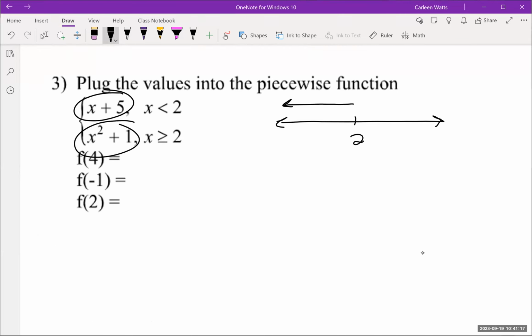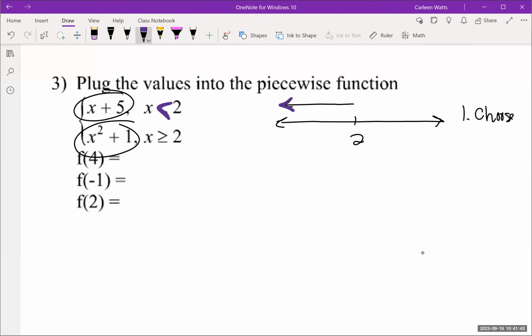So step 1 is choose which equation is appropriate, which equation it's referring to. So if I'm looking now, it just so happens that this less than sign matches that arrow.